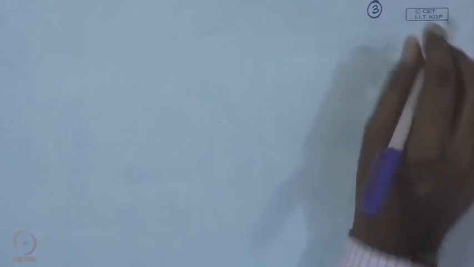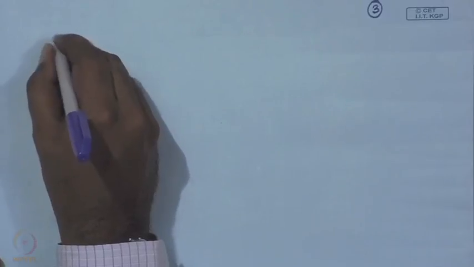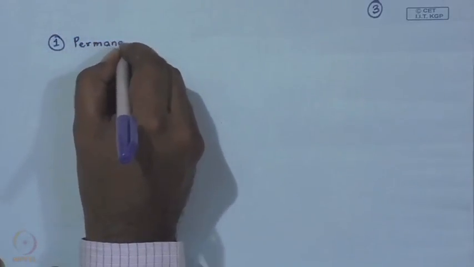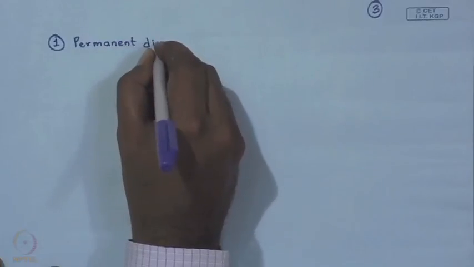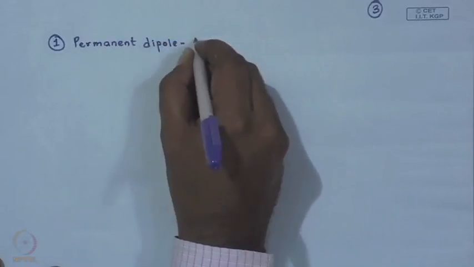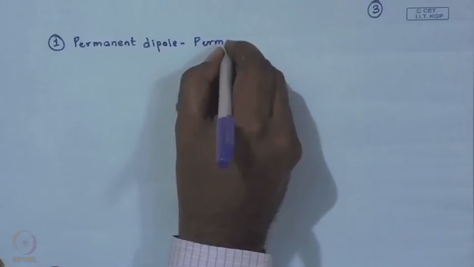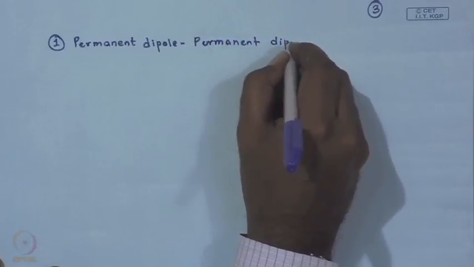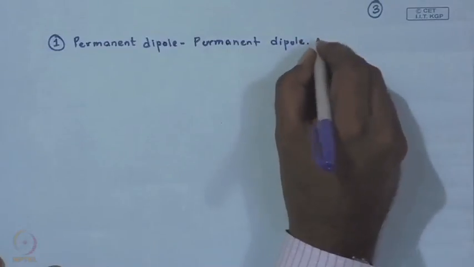So, amongst the van der Waals forces, there are three categories. I think we have briefly talked about it. So, there can be three categories of van der Waals forces. The first one being the permanent dipole interaction.